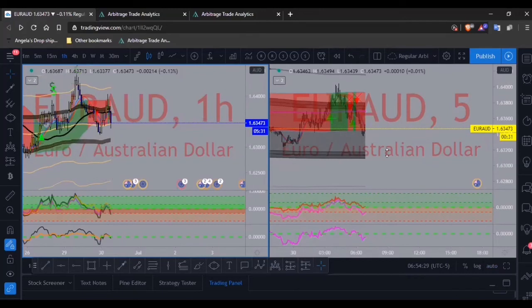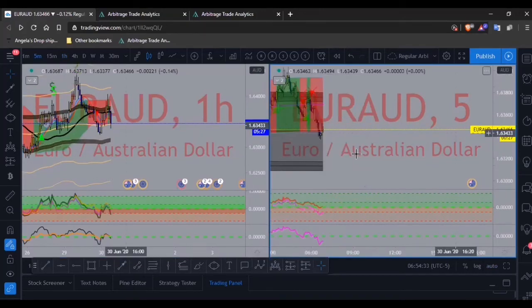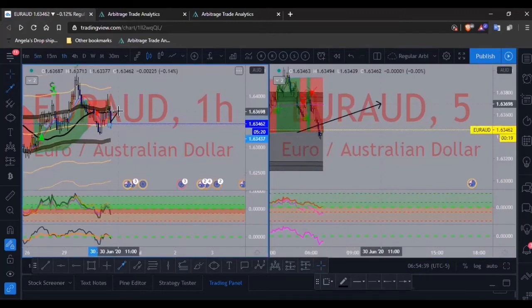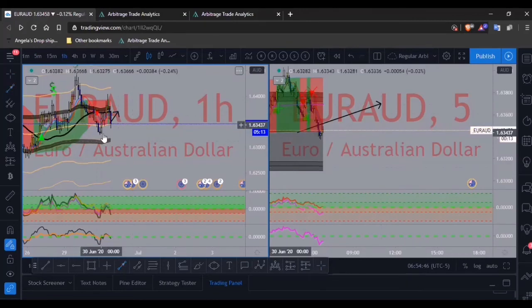All right, so Euro AUD kind of looks like Euro NZD, which they usually do, working hand in hand together. What I want to see is, again, price to come up to the RSI line for a retest. Although it kind of already did that. Now that I'm looking at it, it broke out yesterday. It retested.